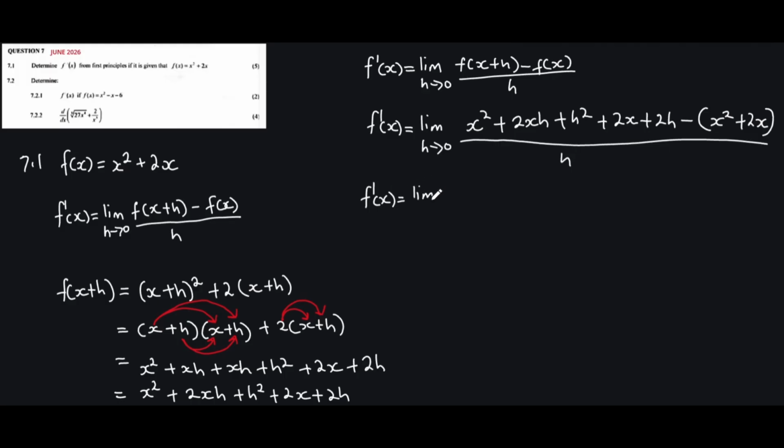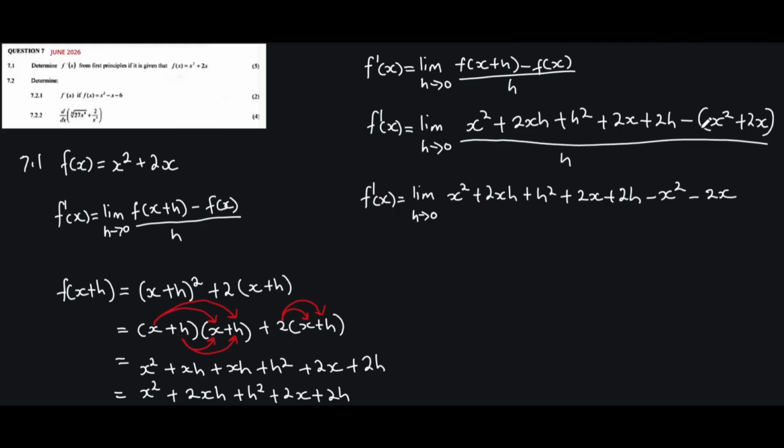f prime x is the limit when h approaches 0. I'll just rewrite that: x squared plus 2xh plus h squared plus 2x plus 2h. And then now we have negative times x, which is going to give us negative x squared. And we have negative times 2x, which is going to give us negative 2x.